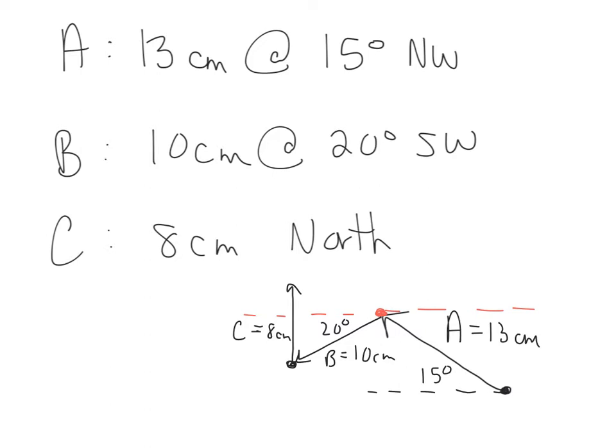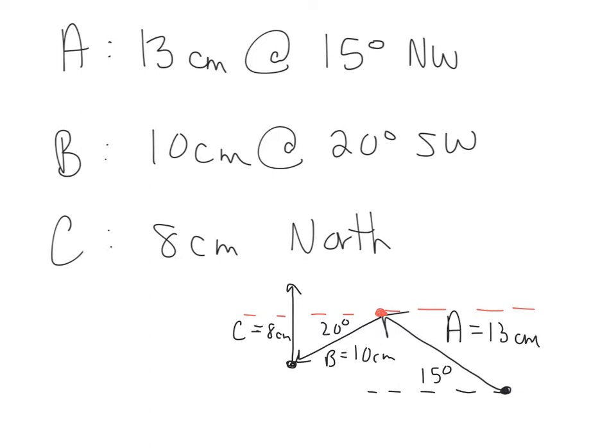Now, to do that, remember, all you need to do is find the horizontal components of each vector, add them up. Find the vertical components of each vector, add them up. That will give you the resultant vector components. So remember how yesterday we talked about a horizontal component, you use cosine of the angle, vertical component, use sine.